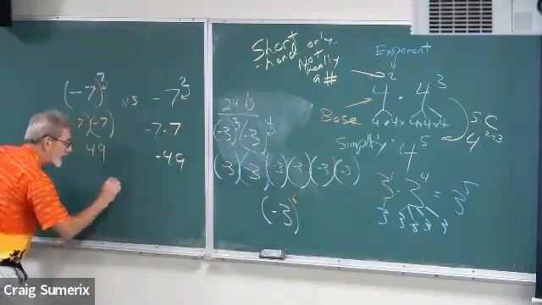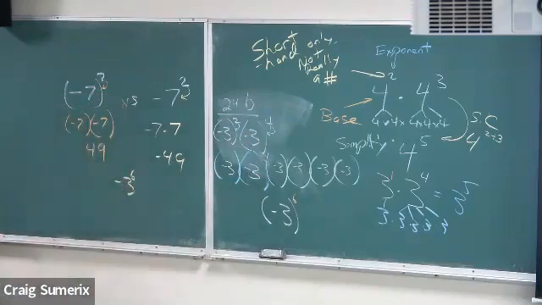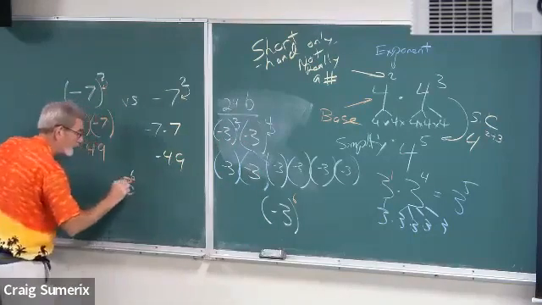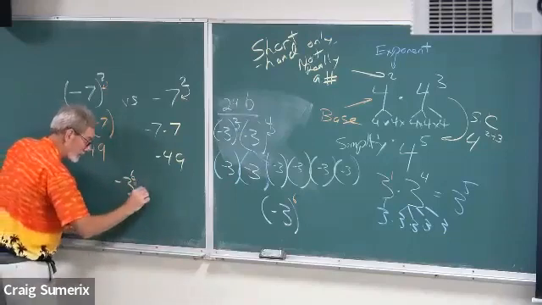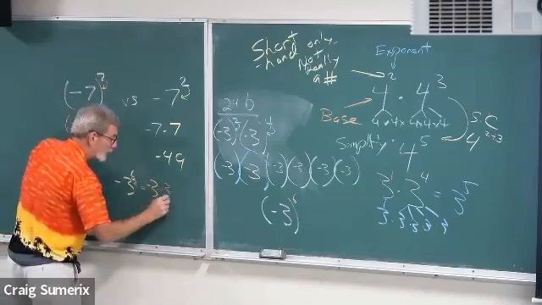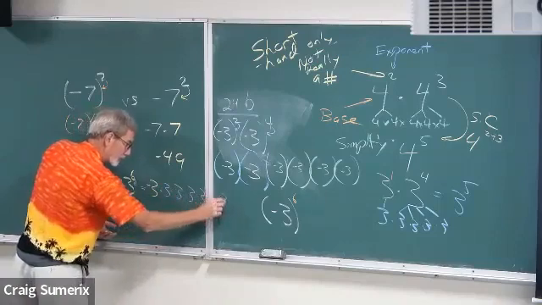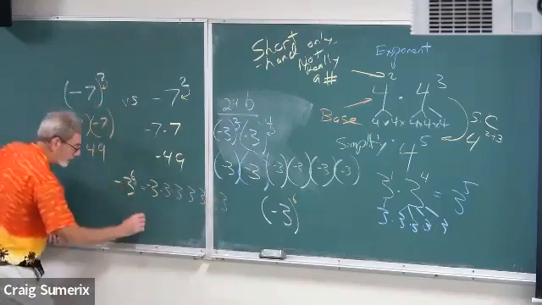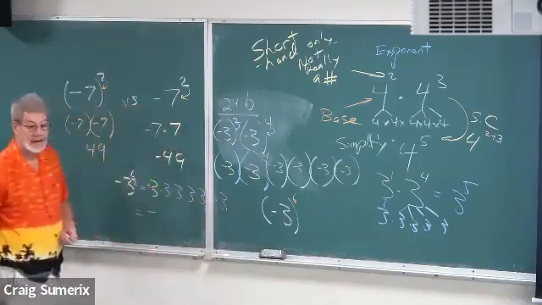Because what is -3 to the 6th power, which is what you originally said to me? This would be only the 3 gets repeated. -3. Do you see how this is going to be a completely different answer? Yeah. Because this answer is going to be negative. This one is positive.